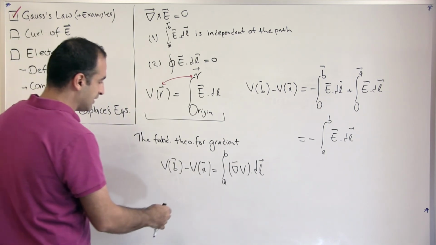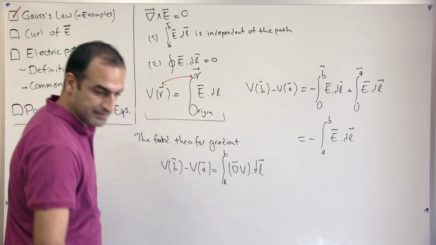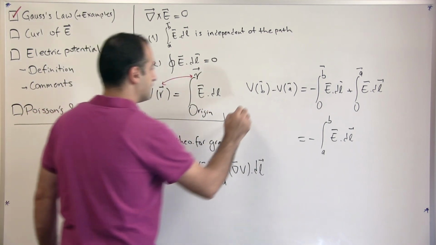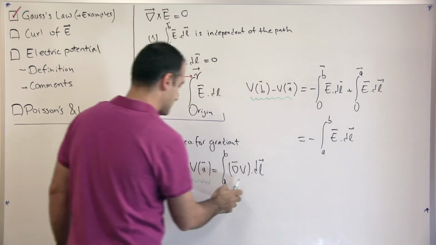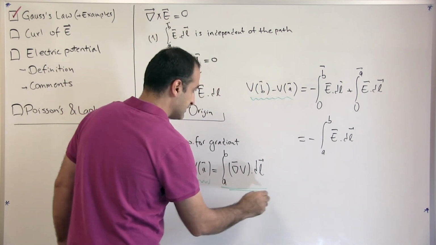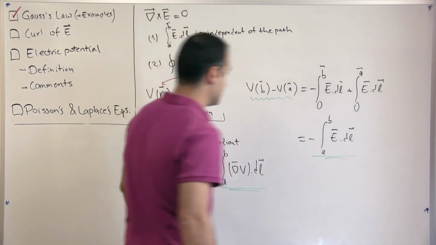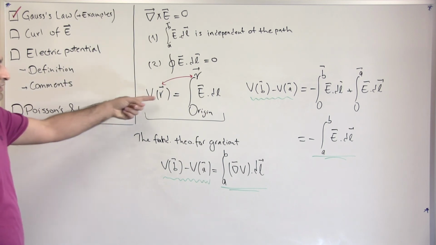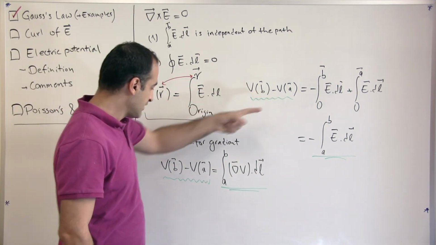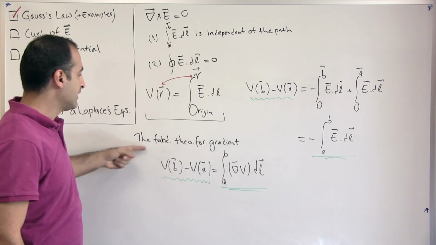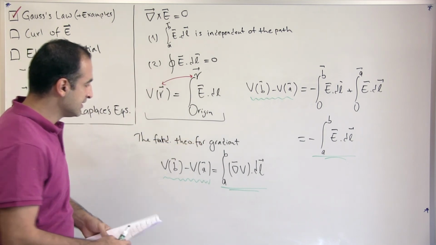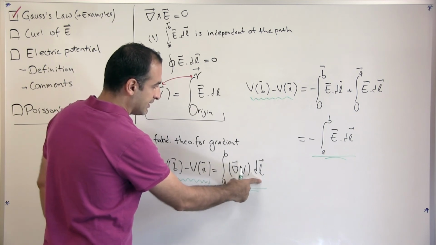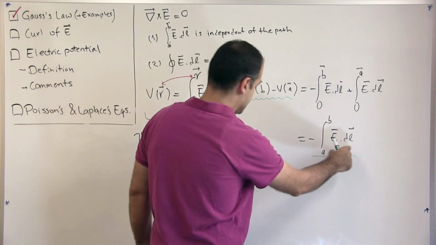But what I want to do now is compare the left side of this with the left side of this, and the right side of this with this. So I started from this definition for potential. Now comparing these two, following the fundamental theorem for the gradient, I see that this integral of the gradient of V dot dl is exactly equal to the integral of E dot dl.